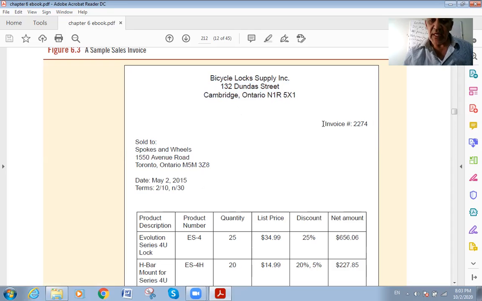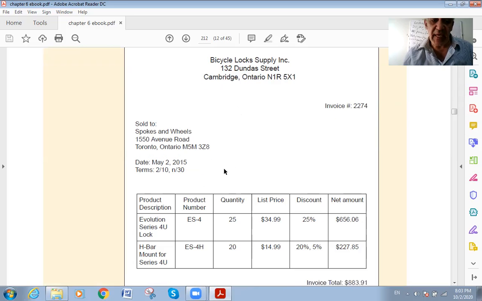The invoice includes the invoice number, the date as well, and the terms. We will check now the meaning of the terms.